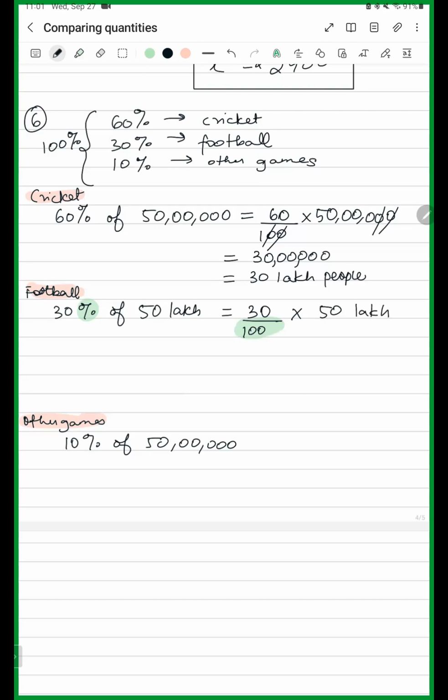I am writing it as lakh itself because so many zeros is going to create confusion. So I'm going to cancel this zero with this zero. What are we left with? 15 lakh. Don't forget this lakh at the end, okay? So 15 lakh people.